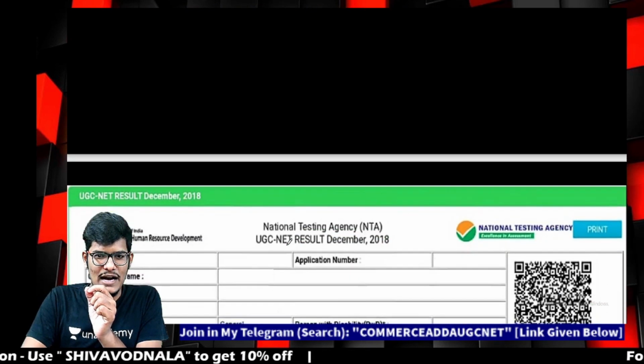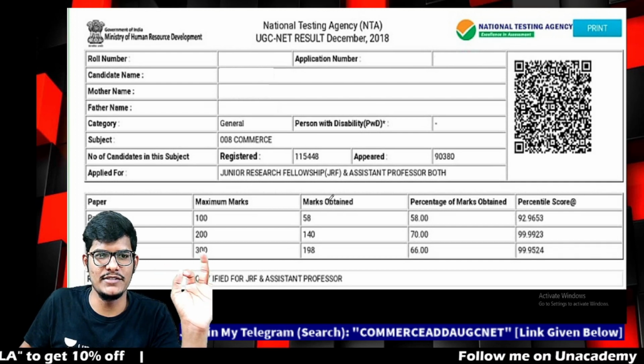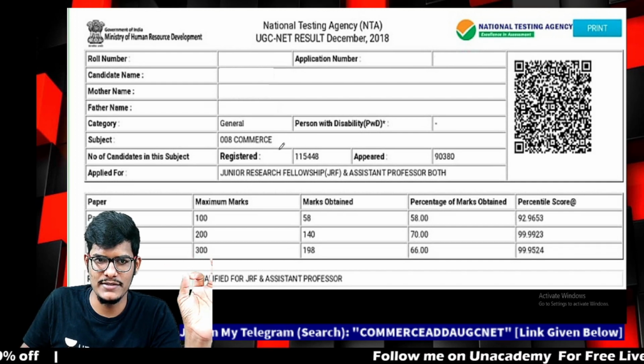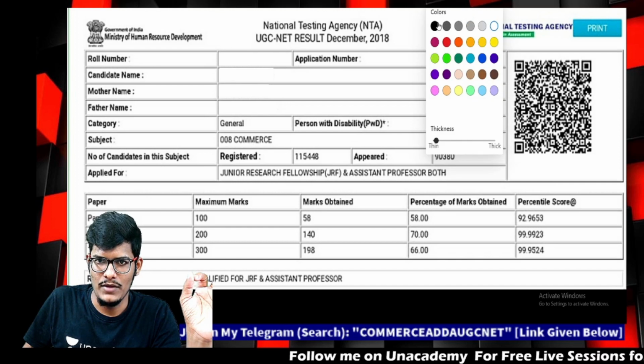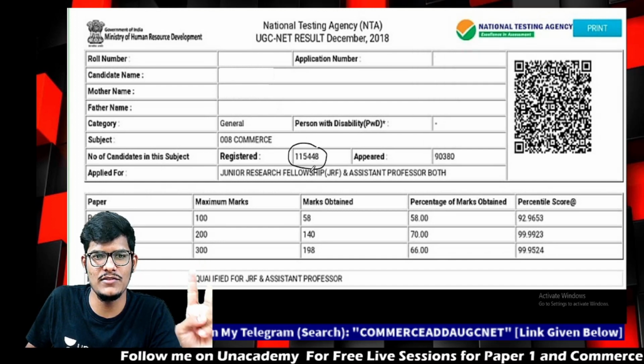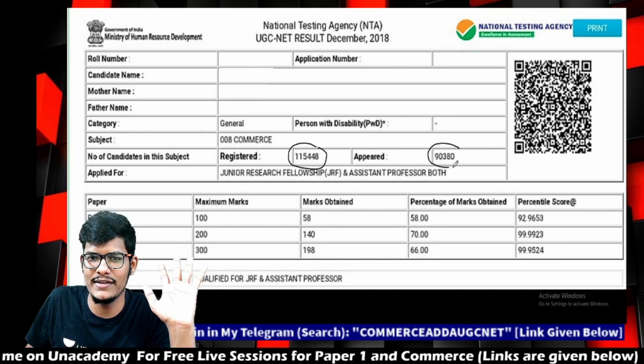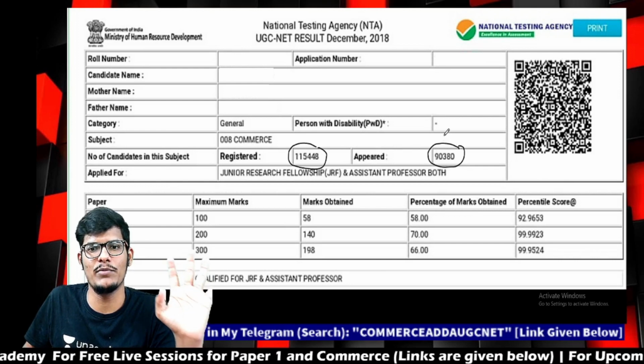If you look at this mark sheet, this is the December 18 mark sheet. Here this person belongs to commerce. In commerce, a total of 1,15,448 candidates registered, but only 90,380 people appeared for the exam.